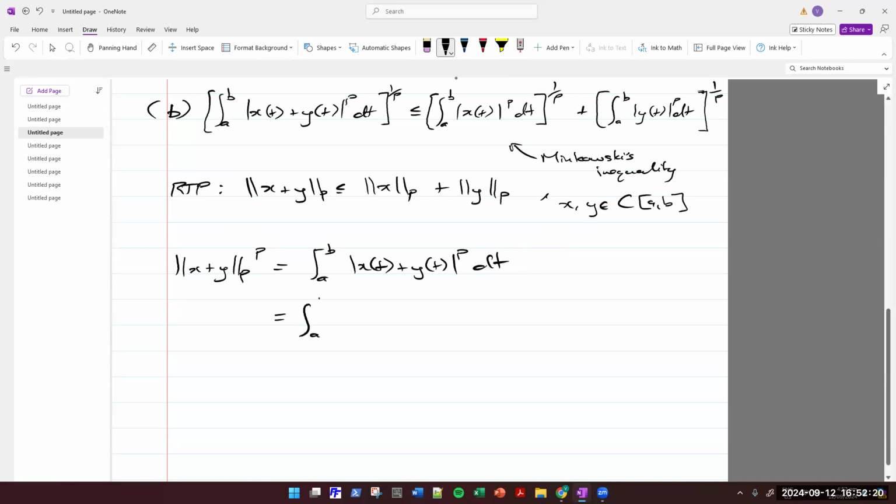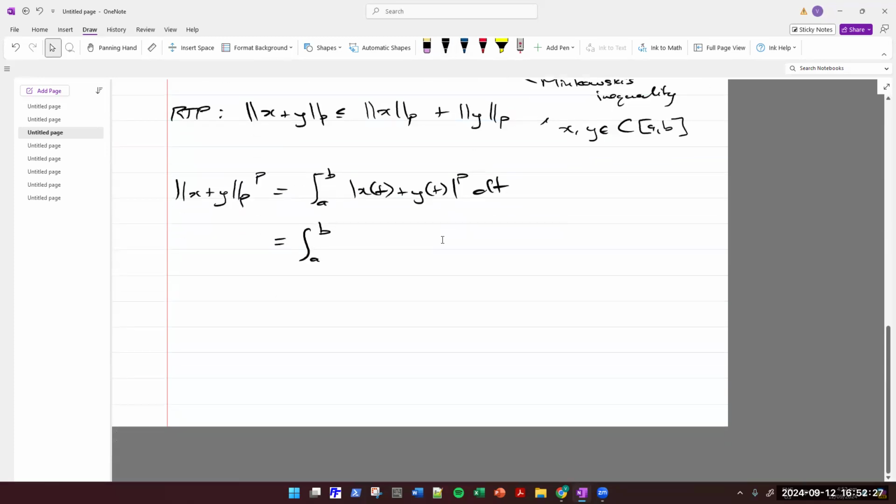No need to cram it, all you need to know is remember this trick. I'm going to pull out the modulus of x of t. I get modulus of x of t plus y of t, and if I want it to be the power of p, then there should be p minus 1, dt. That's the trick right there.